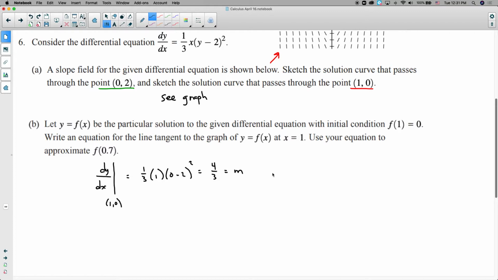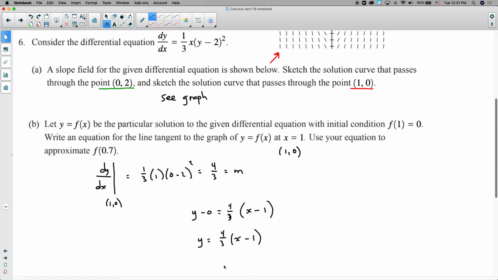And then we also know that we're on point (1, 0), so we'll use the point-slope formula and find the line tangent to the graph's equation. So that'll be y minus 0 equals its slope times x minus 1. All right, so y equals 4/3 times (x minus 1) answers the question.